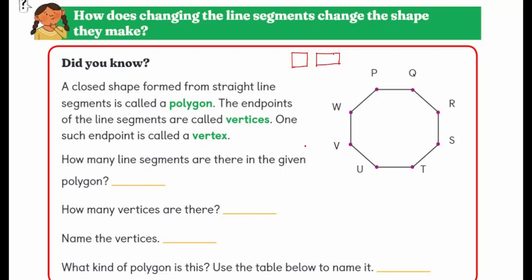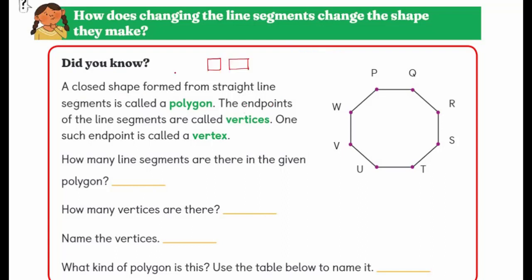Look at these shapes, children. These shapes are formed from straight line segments. So these are examples of polygons. What is a polygon, children?